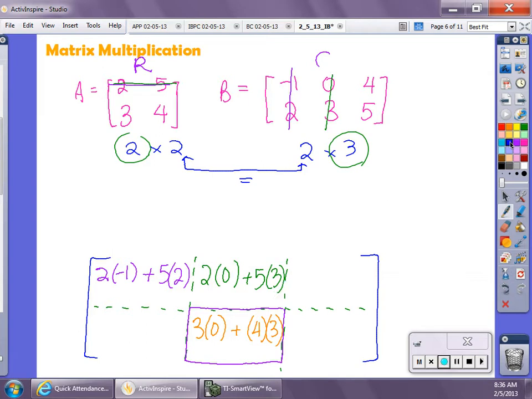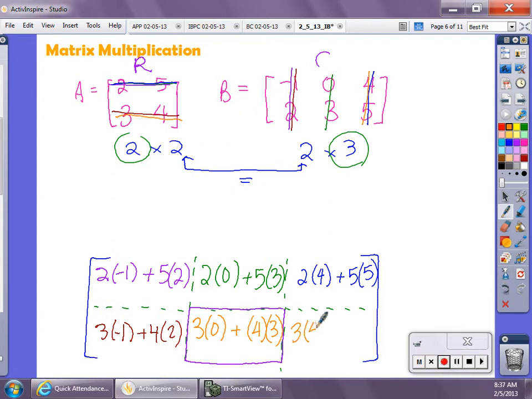The third one would be first row, last column. So 2 times 4 plus 5 times 5. Bottom row, first column. So 3 times negative 1 plus 4 times 2. And then the very last one here, I'll do an orange, 3, 4, and then last column 4, 5. So 3 times 4 plus 4 times 5.